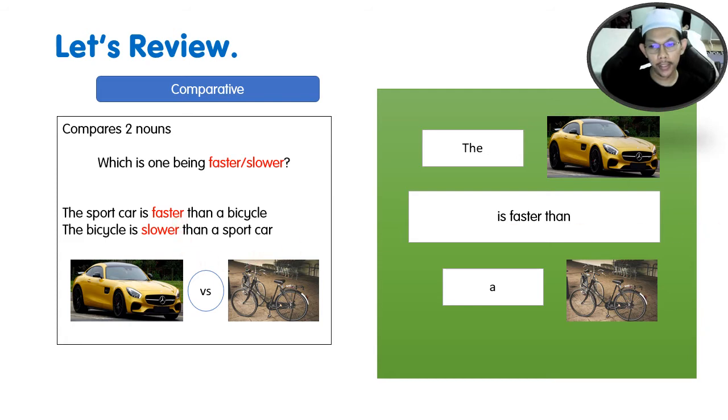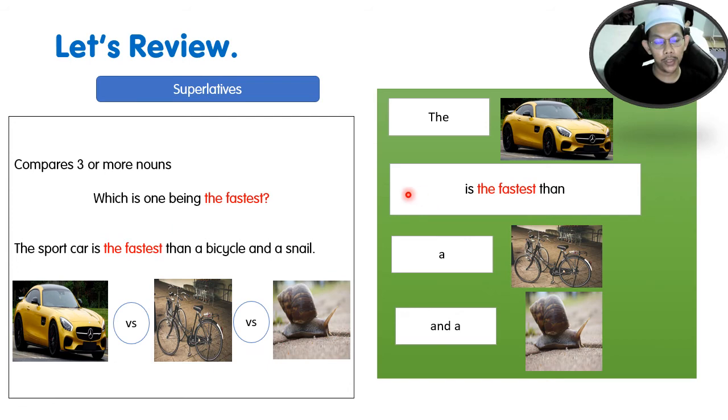Okay, let's see the next example, superlative. What is superlative all about? For superlative, we compare three or more nouns. Just now, for comparative, we only compared two nouns.